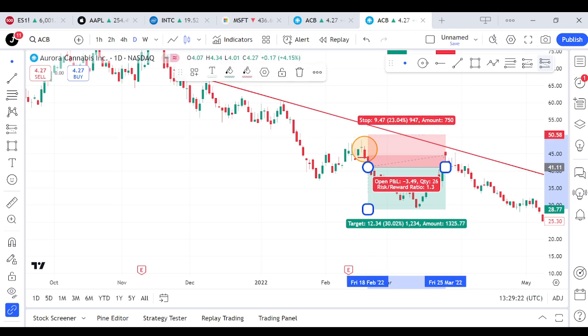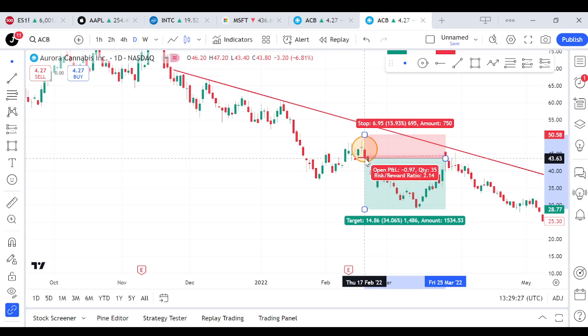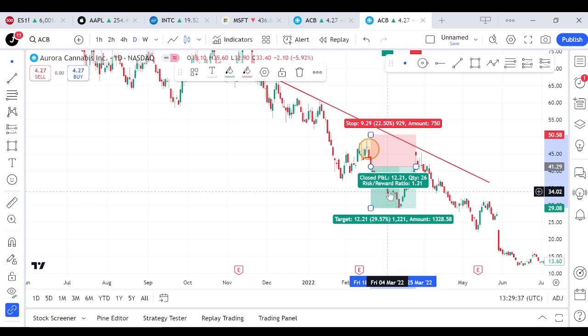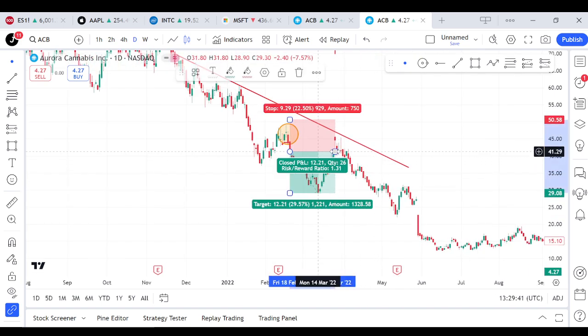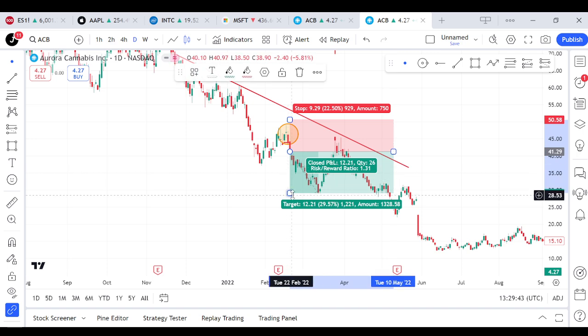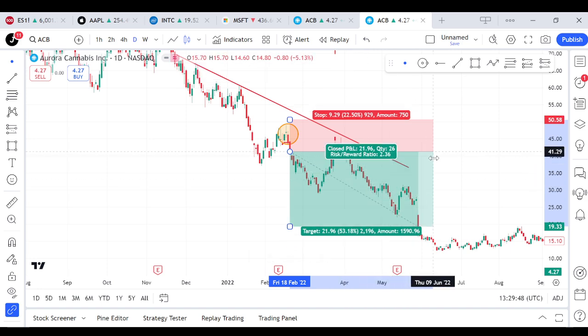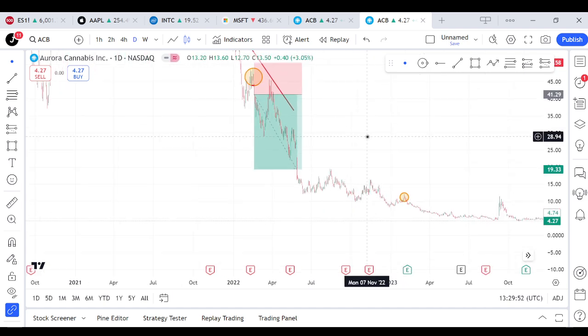Aggressive traders would like to enter at the close of the third candle. If you need additional confirmation, you could wait for a close below the entire pattern, and in this case you just target a 1:1 or a 1:2 depending on your preference. Here we are clearly bearish, so this is a continuation pattern, and you could just target a 1:2 in this case, and this is your trade. So let's look for another example.